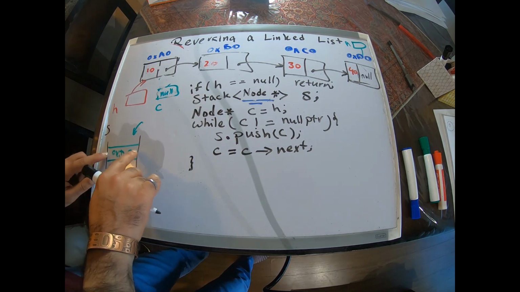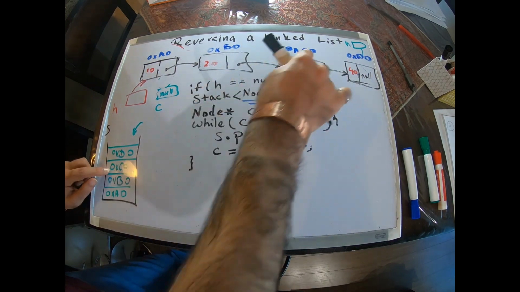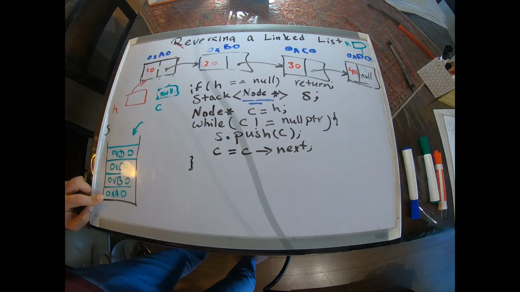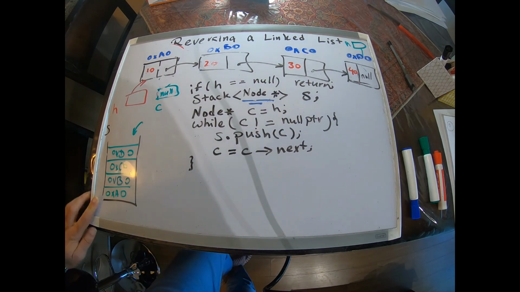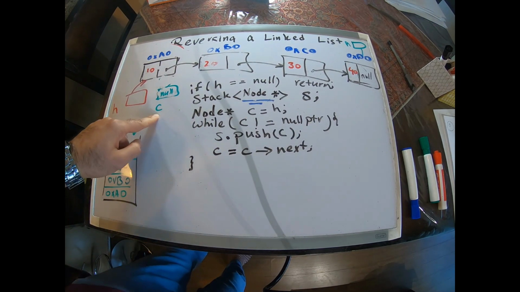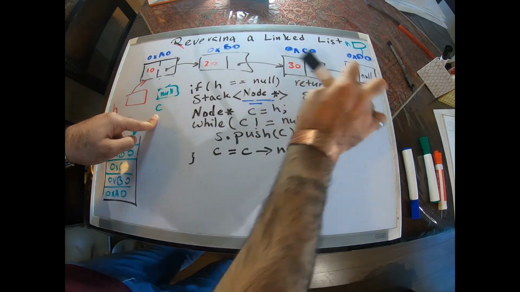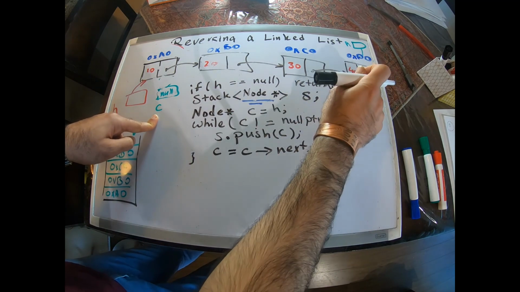You see that this is gonna be the last one, the second last one, the third last one, and finally the first one. Now I want this current pointer to point to the end of the linked list.